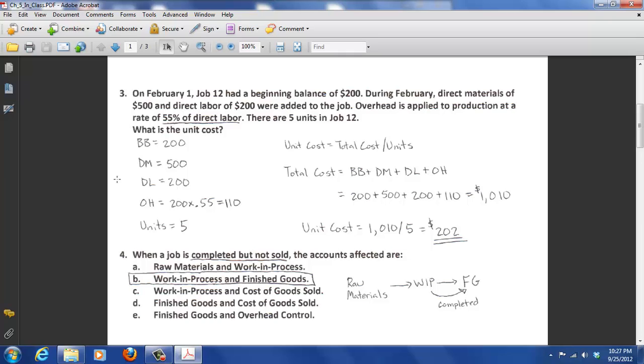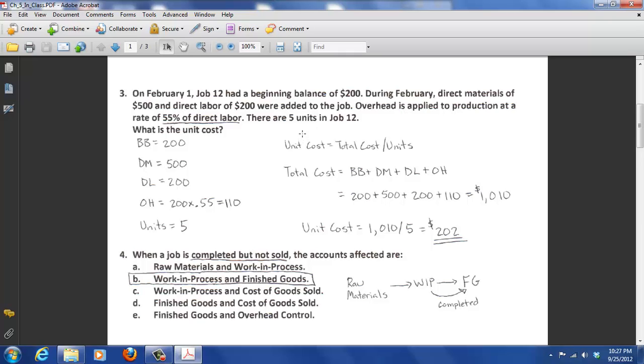So first off, we can go ahead and make a calculation for that overhead, which you'll see here. It's 200, since that's applied to your direct labor cost of 200, times 0.55, and that gives us 110 for the overhead. We're also told in the problem that there's 5 units that are produced within this job. So thinking back to our equations, we know that unit cost is equal to total cost divided by the number of units.